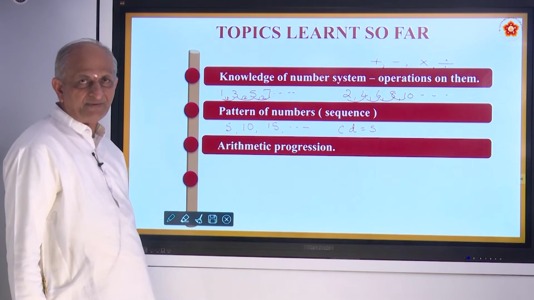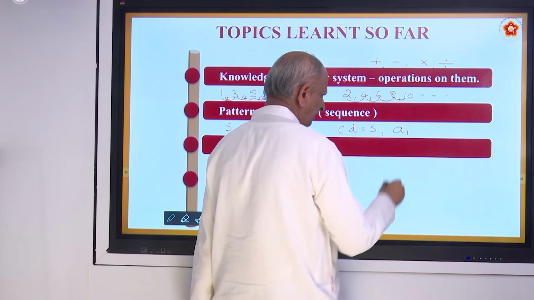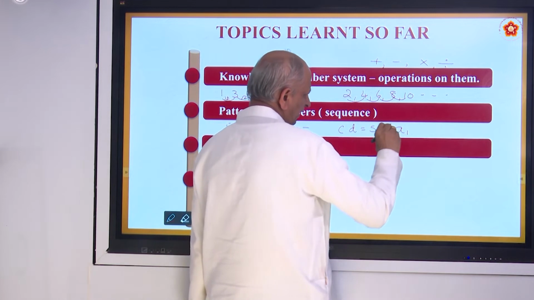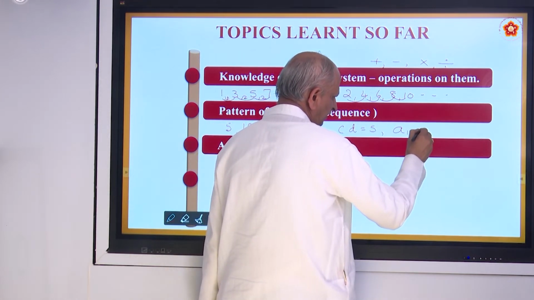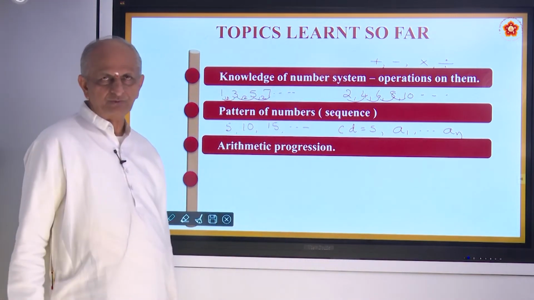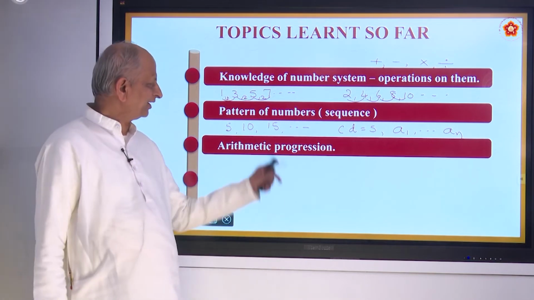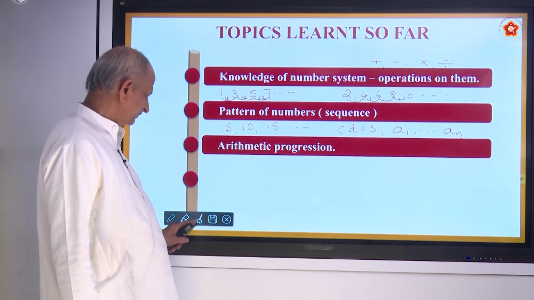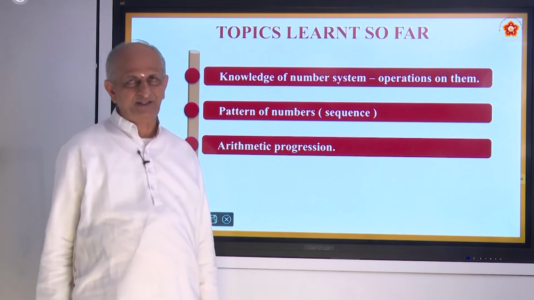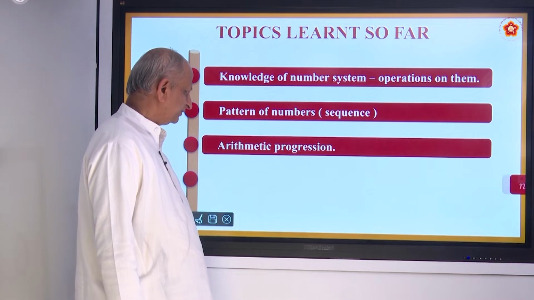So it will have a common difference, and also it will have a first number, say we call it as A1, is it not? And like that A1, A2, A3, etc. up to AN. Again there are 2 types: one is infinite series. When you write dot dot dot, it means infinite. Sometimes finite, within 100, within 1000, like that if you say, it is finite series. So this also you have seen in the last class.